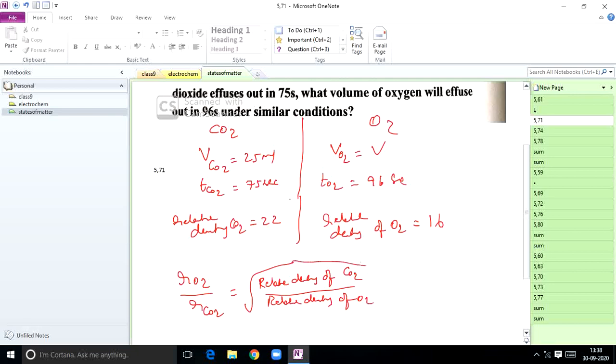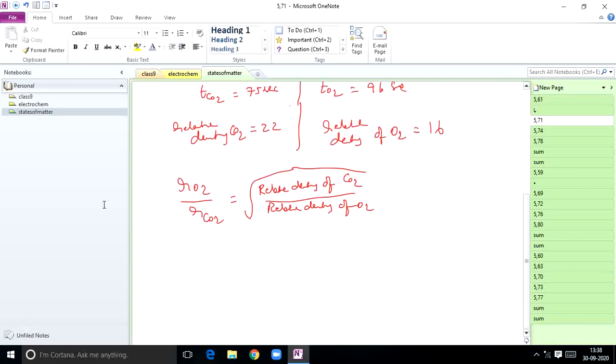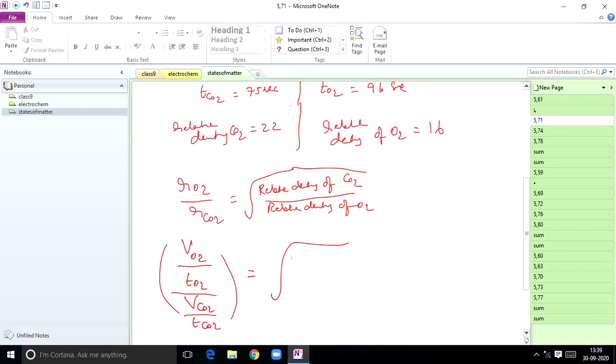What is the formula? Volume of oxygen diffused by time taken for oxygen diffusion. At the same time, the rate of diffusion of carbon dioxide is equal to volume of the carbon dioxide gas diffused by time taken for the diffusion of carbon dioxide gas. That is equal to square root of relative density of carbon dioxide, how much? 22 by 16. So all you substitute.